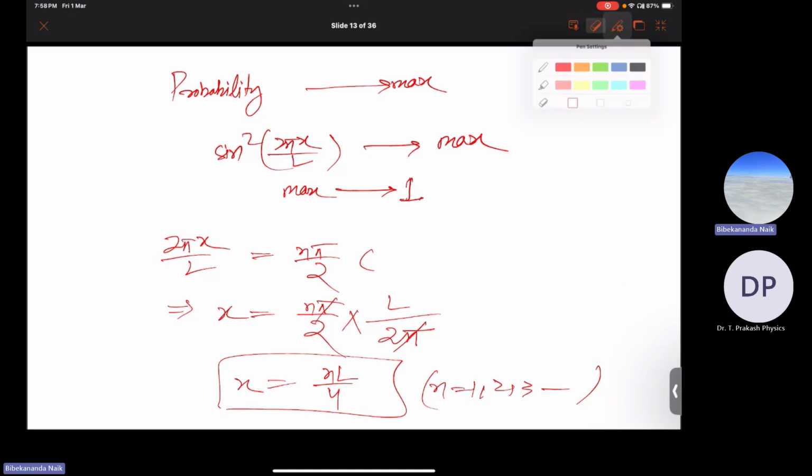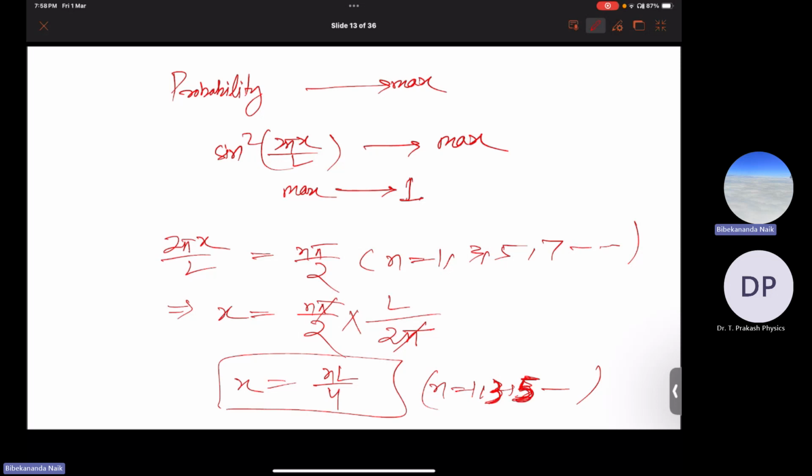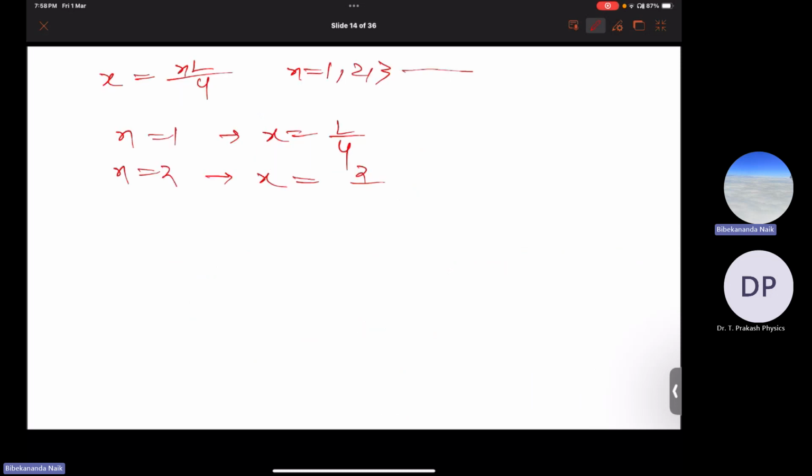So here the values of n will only be 1, 3, 5, 7, etc., because for 2, 4, 6, this value will be 0. So for n equals 1, we have L by 4. For n equals 3, we have 3L by 4. For n equals 5, we have 5L by 4. For n equals 7, we have 7L by 4.